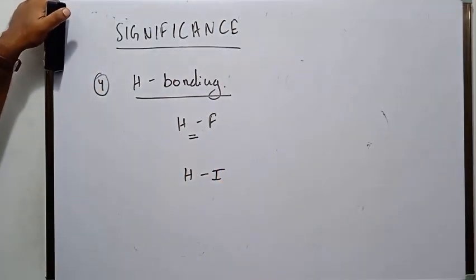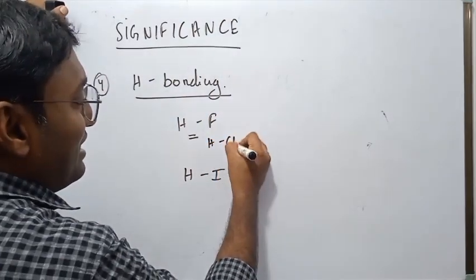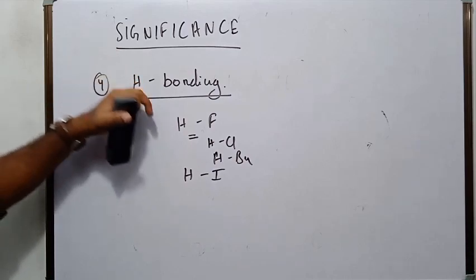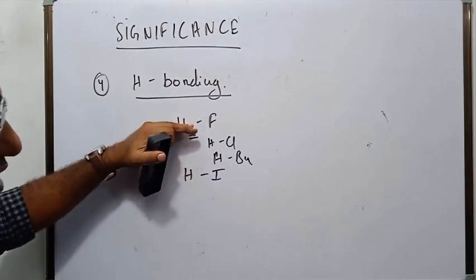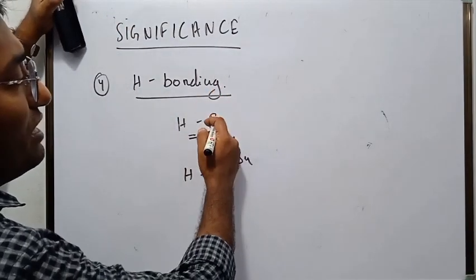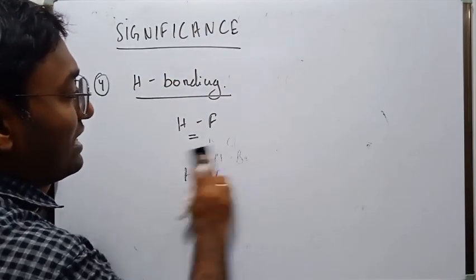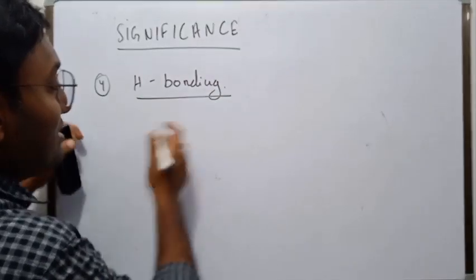HF shows the most, after that HCl, then HBr, in this order. So the intermolecular hydrogen bonding is more for HF. So polarity can determine hydrogen bonding, right?